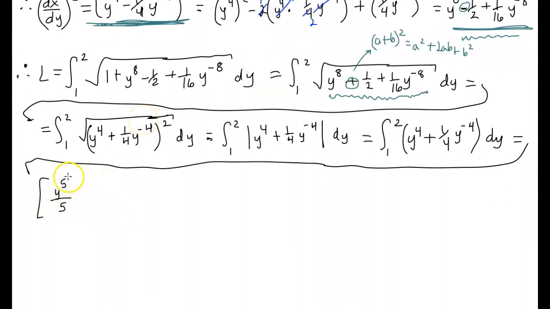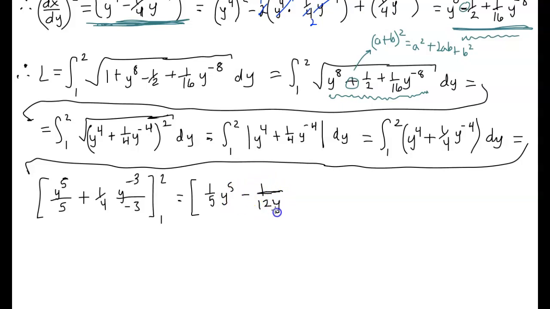So we have 1/5 y raised to the 5, and then plus, ignoring the constant, y raised to the -4 plus 1, which will be -3, all over that same -3, and then we evaluate it from 1 to 2. And so we'll simplify a bit here. So this will be minus 1/12, or just 1 over 12y cubed. We'll do that from 1 to 2.